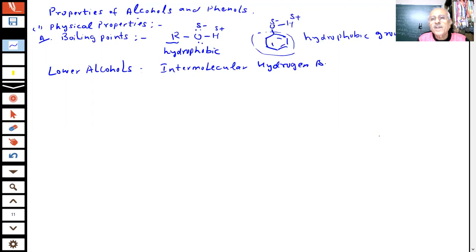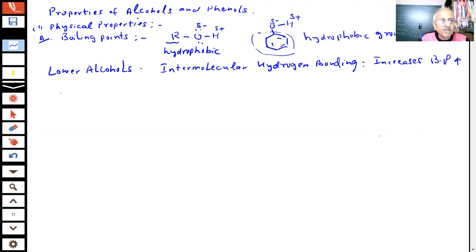Hydrogen bonding increases the boiling point. If you have alcohols or phenols, it will increase the boiling points wherever this is possible.